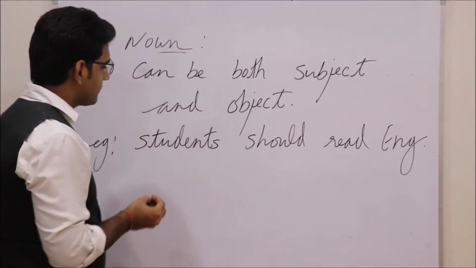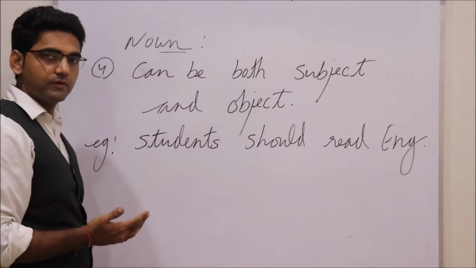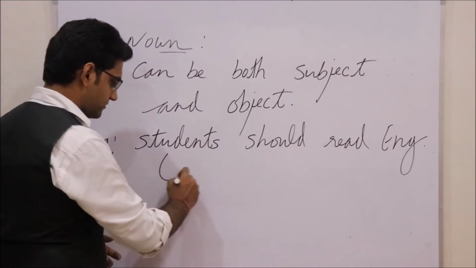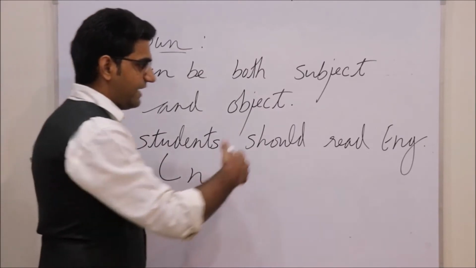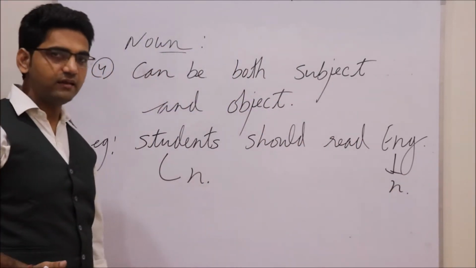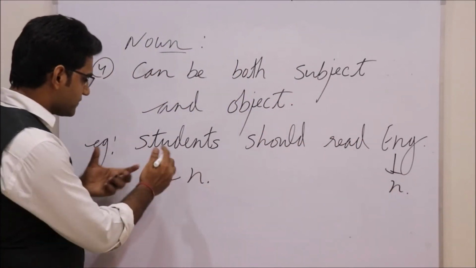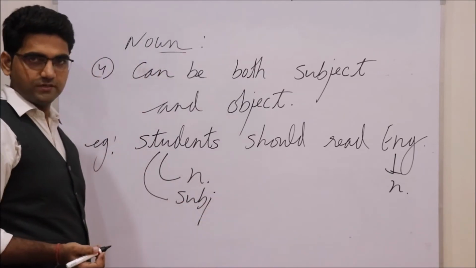For example, students should read English. Students is a noun, and English is also the name of a subject, again a noun. Now, students in this sentence is also the subject.